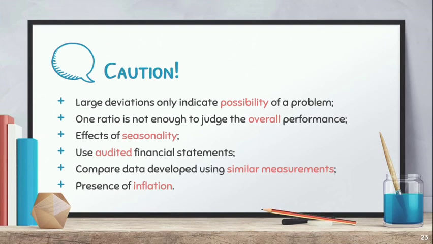Next is, financial data being compared should have been developed using the same accounting treatments and policies. Same ra ni siya. Kaning si company A is ang iyang gigamit in measuring its inventory is weighted average. Unya, si company B, ang gigamit niya in measuring inventories is FIFO, first in, first out.